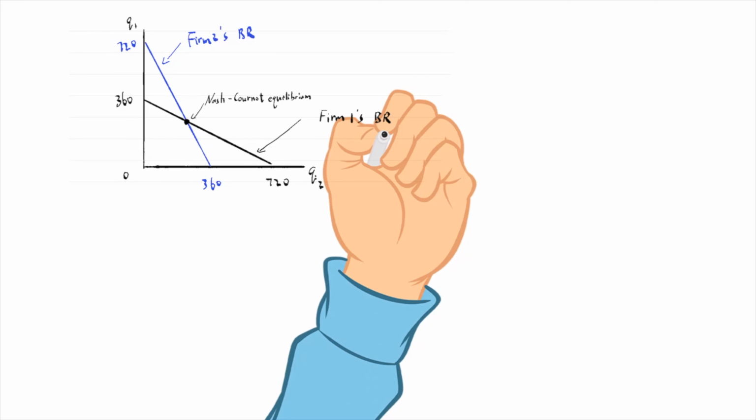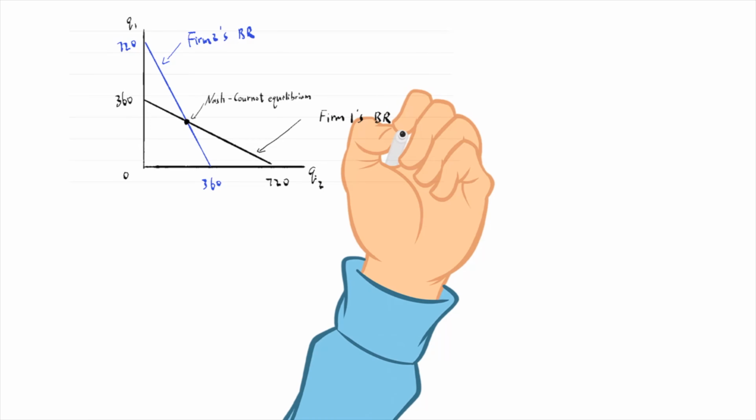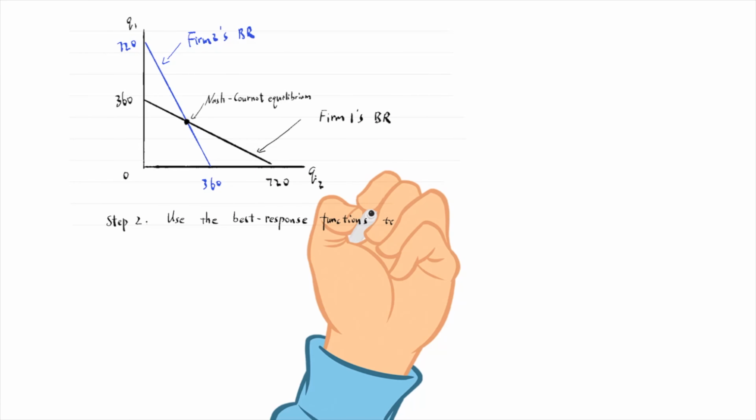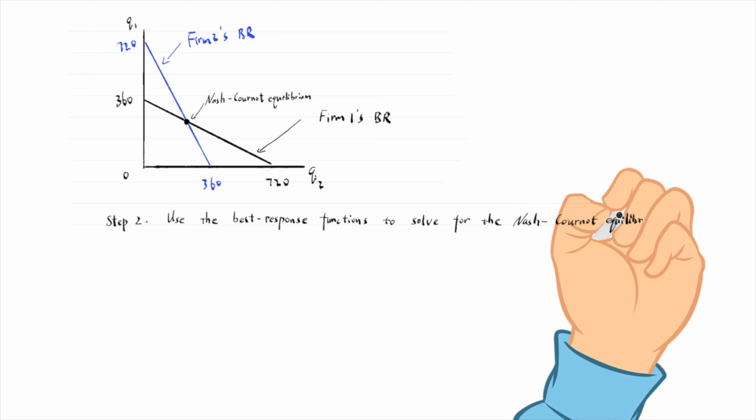We can draw the two best response curves in a graph. The Nash-Cournot equilibrium occurs at the intersection of the two best response curves. Therefore, in step 2, we solve the two best response functions simultaneously for the Nash-Cournot equilibrium quantities.